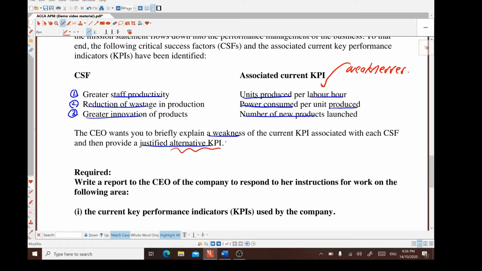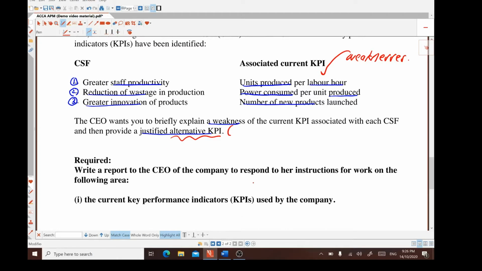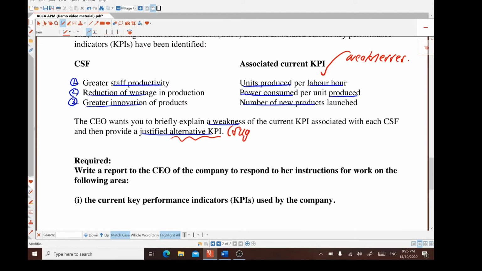Any new suggestion for that? Technically that's what we have to suggest and bring out. As we know, for all the ACCA APM past exam questions, most of the time what we get to do is look into how to write a report to the CEO of the company.